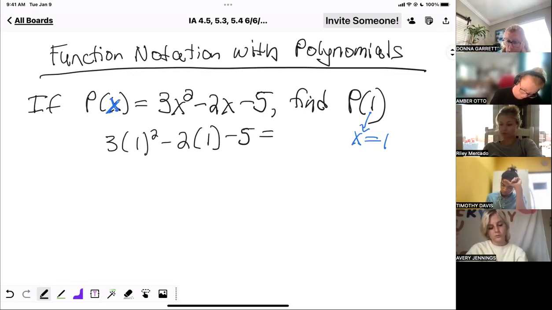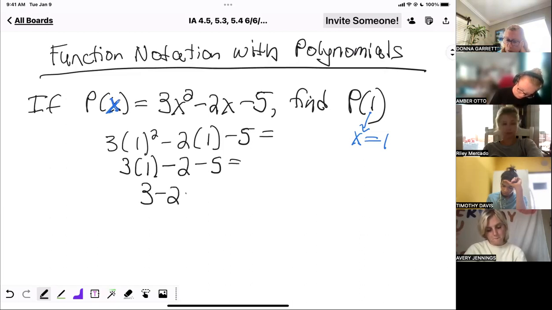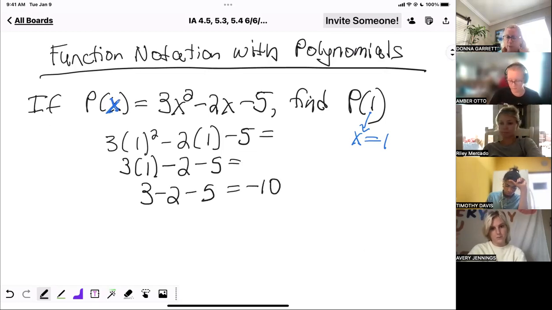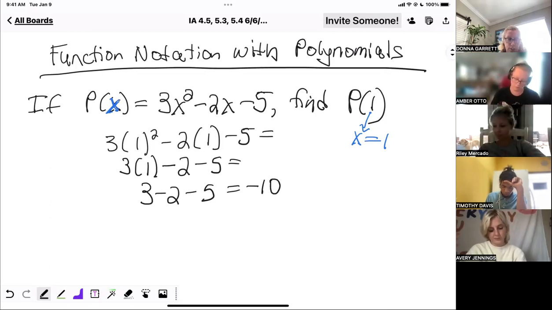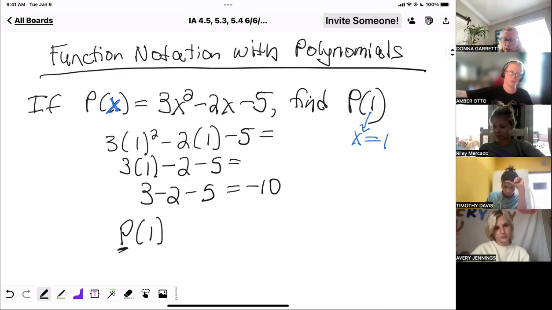So exponents first, 1 squared is still 1, minus 2 times 1 is 2, minus 5, which is 3 minus 2 minus 5, which would be negative 10. Hold on.